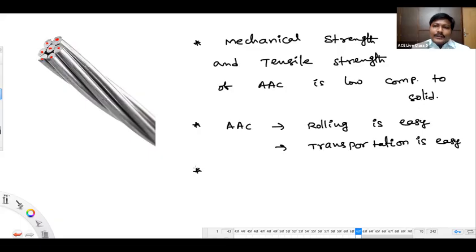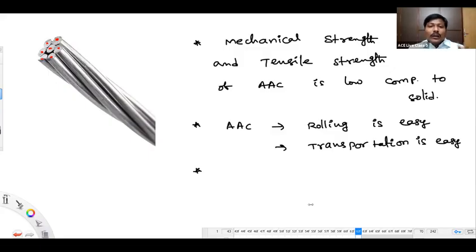One more thing. How is the surface of the AAC conductor? What are you expecting? Is it a smooth surface or an uneven surface? Uneven surface, right? Because of that uneven surface, definitely we can expect that the corona may be a bit more.